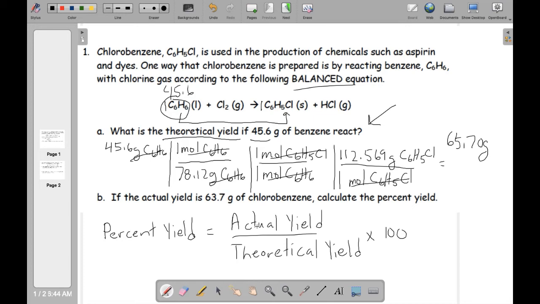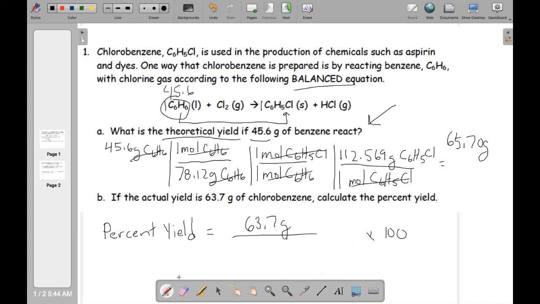Now, in a perfect world, if I did it perfectly and everything worked out perfectly, I should get 65.7 grams. That would be the theoretical yield. So normally the actual is given, and the theoretical is going to be your mass to mass or mole to mass or whatever calculation you do up here. So actual yield is 63.7 grams.